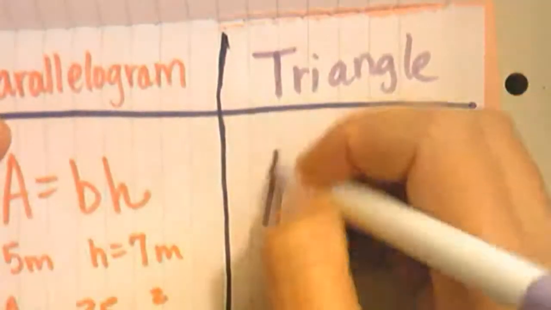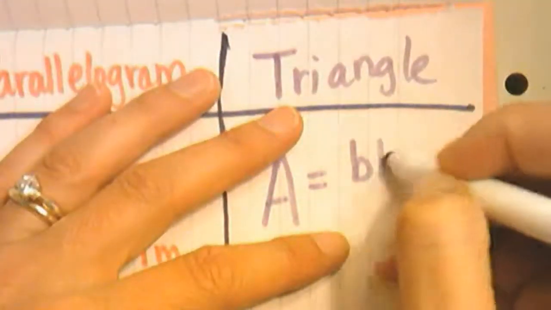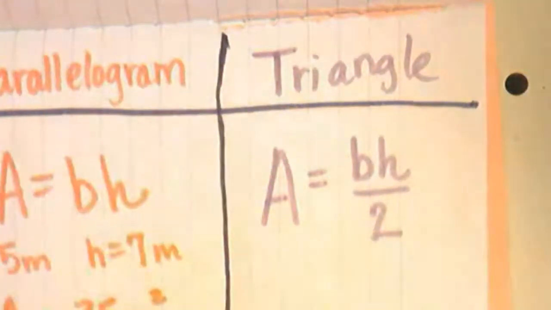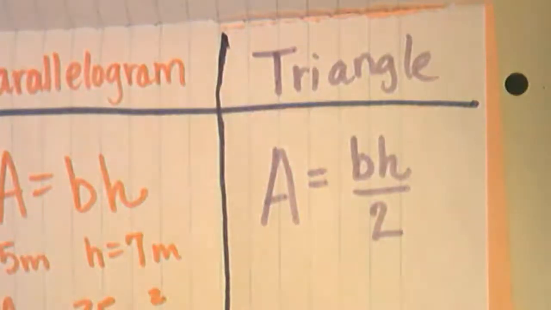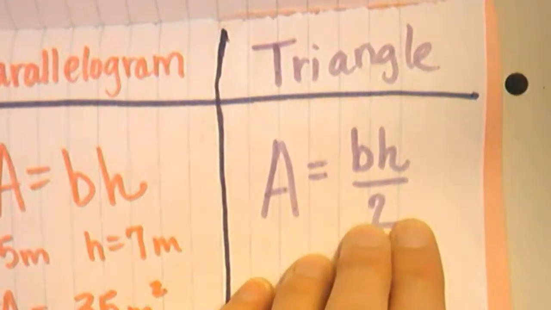Either way works. Some of you are used to seeing it 1/2 base times height. I like to think about cutting it in 2, so I do base times height divided by 2 like that. You can write it any way you want as long as you show the formula for the area of a rectangle cut in 2, or half of a rectangle.